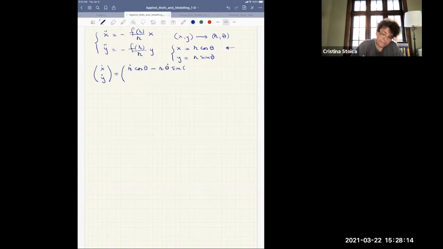The cos theta derivative is minus sine theta, so I put the minus in front, r stays, and we have the theta dot because of the chain rule.